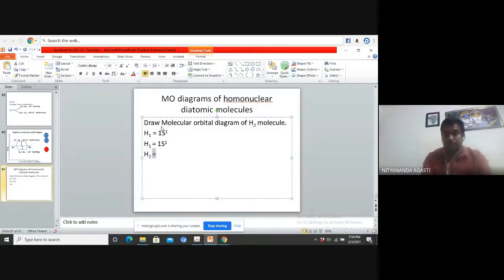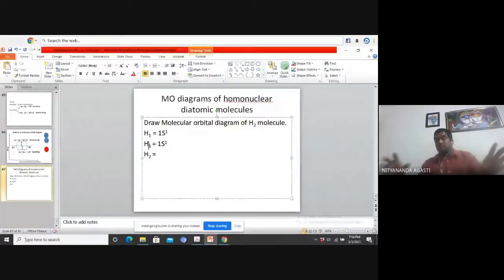Look at this. Now I will discuss one by one the rules we have discussed. The first rule suggests atomic orbitals of two different atoms. First atom hydrogen, second atom another hydrogen. It may be the same atom, may be a different atom, but at this moment, since we are discussing the hydrogen molecule, both are the same atom.